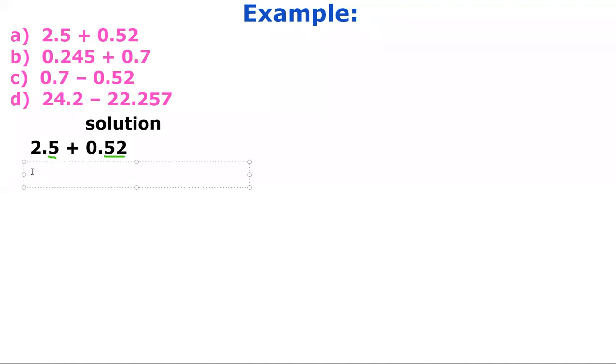Our next step here will be 2.50, because you always add 0 to the one having fewer decimal numbers so that it will be equal to the other one, plus 0.52. Good.